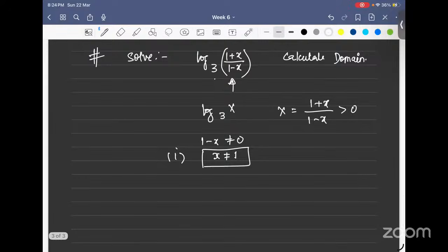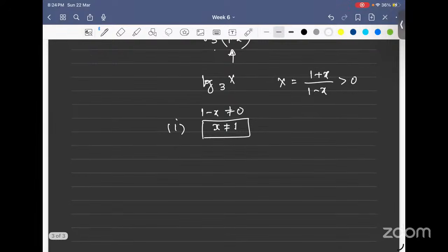And then if you are getting something like that, what will be the value? This is your -1 and this is your +1, right? And then if you put any value that is lesser than -1, what will happen? Let's, for example, you are putting -2 in this function. What will happen?